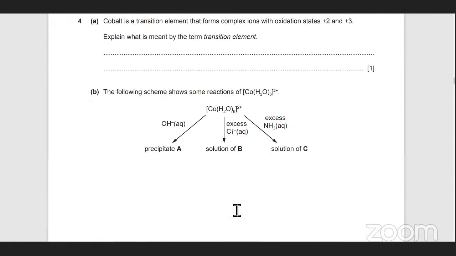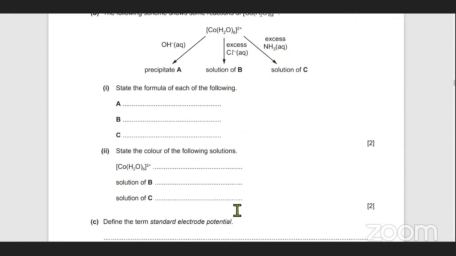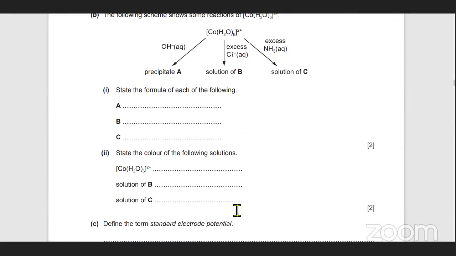So this one, question number 4. So we did the first part. What happens when you have Cl-1? When you have Cl-1 as a ligand, what's going to happen is CuCl4, and the total charge is going to be 2 minus. A tetrahedral complex is going to be formed. And when you have NH3, then the water molecules are going to be surrounded by NH3s.